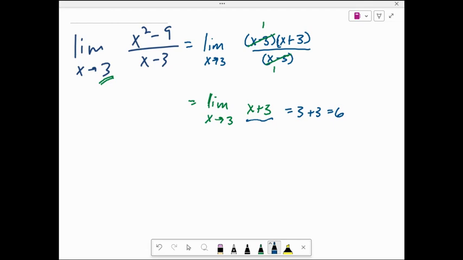Okay? But is this legal? Can we prove that this always works? And why does it work? All right. Well, we do happen to have a nice theorem.